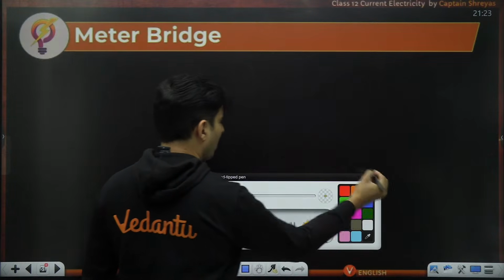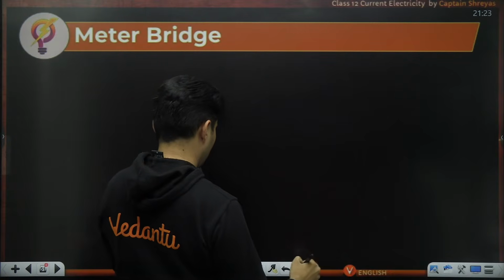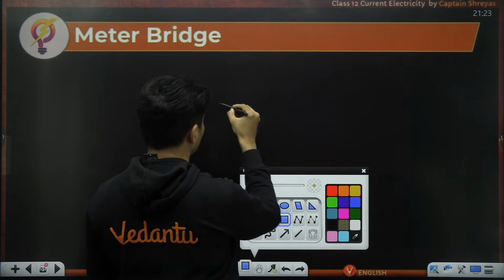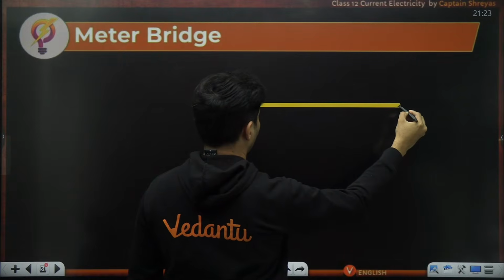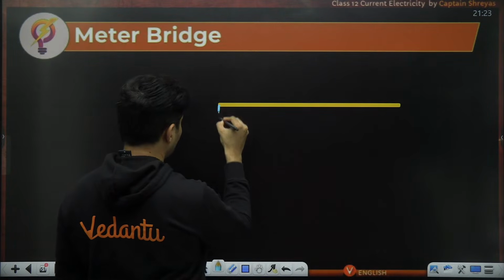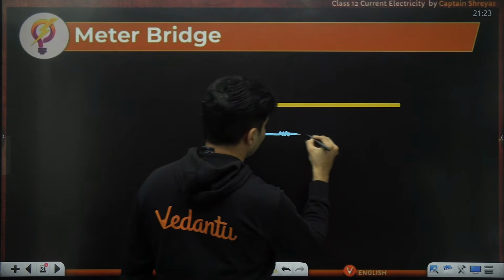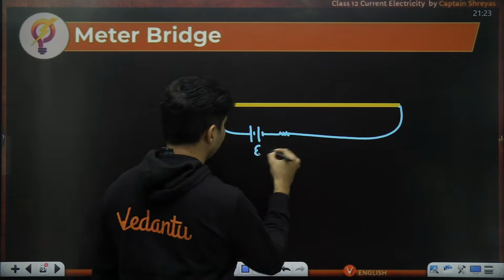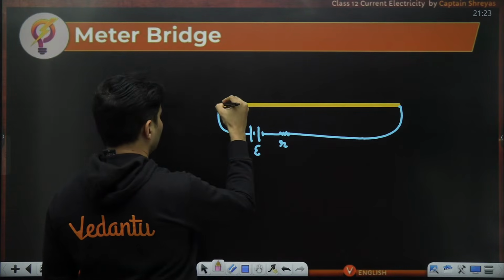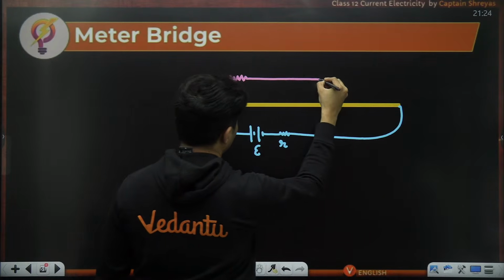Observe. So this is that wire, and here you have that battery, maybe with some internal resistance, and here you have that unknown resistance.